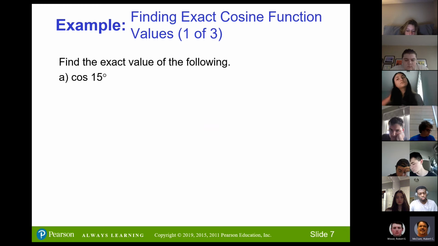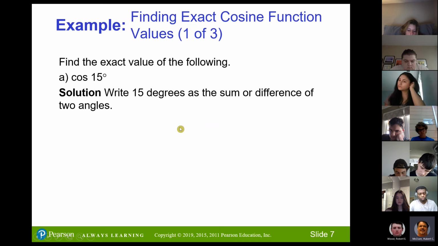Why did I say 45 minus 30? Because those are our special angles. So chances are you're going to use 45 and 30. When you're talking about the sum and difference angles, you're talking about a combination of your special angles. So I'm going to go ahead and write this. Cosine of 45 minus 30.